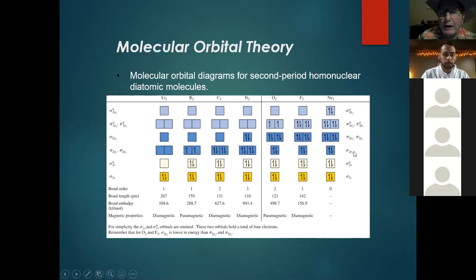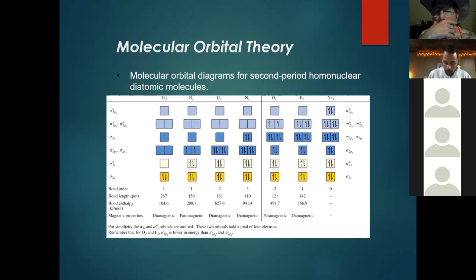What I wanted you to realize is there's this line of demarcation. The sigma 2s and the sigma antibonding. That's good. But when we get to the p orbitals, we switch the sigma and the pi bonds. So that in nitrogen, the pi bonds become.